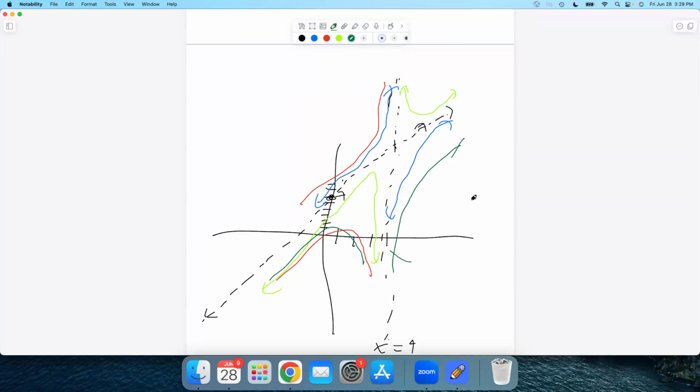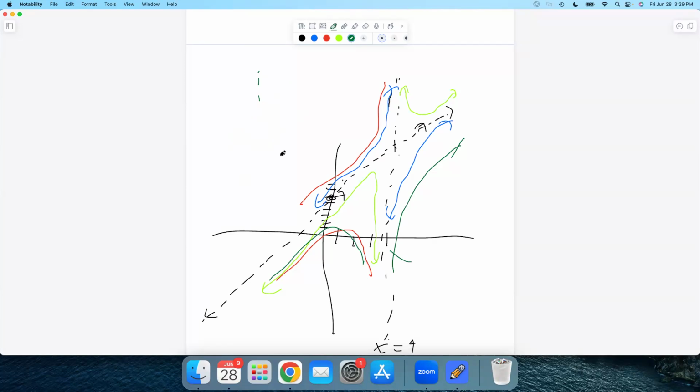Possible. Usually these will be diagonal across from each other, but there's nothing that says it can't look like this. Or maybe these 2 sections up here. So we've got these 2 dashed lines, and we're going to have 2 sections, but we'll never have 2 on top of each other because that would fail the vertical line test.